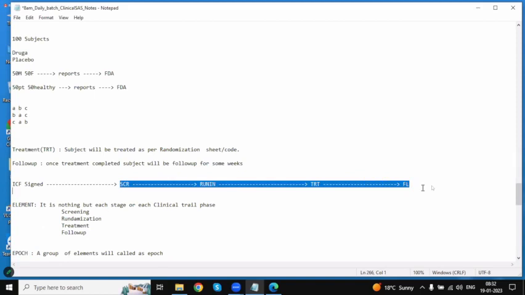Going forward, in domains while we're discussing, these things will come, elements and epochs. So if it is screening epoch, randomization epoch, treatment epoch, and follow-up epoch, all these elements together we call an epoch.